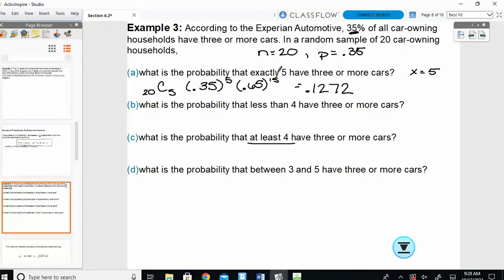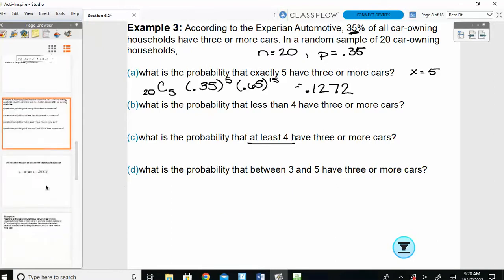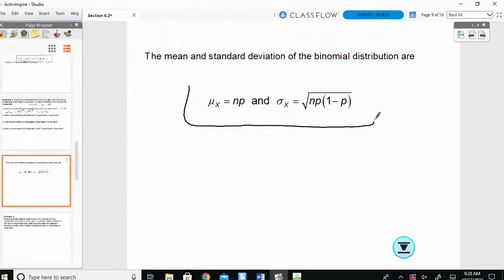We can find the mean and standard deviation of the binomial distribution as well. So we had formulas for a regular probability distribution. Here is specific to the binomial, and again, this is all on your formula sheet. So the mean is just n times p, so the number of trials times the probability of success. Your standard deviation is the square root of n times p times 1 minus p.